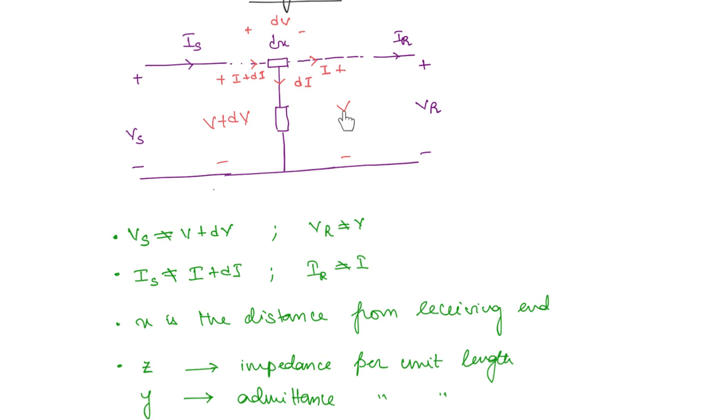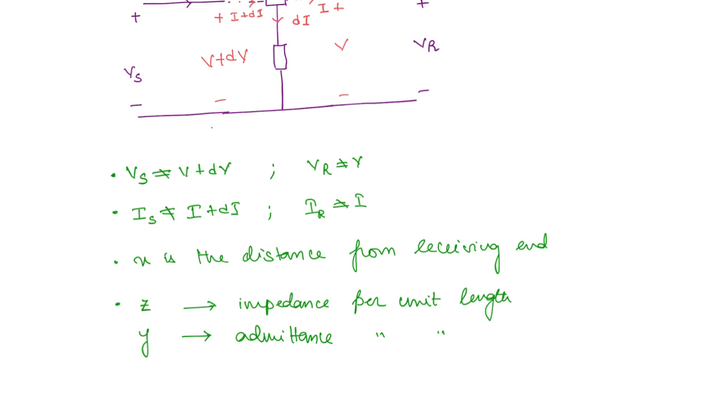So using these assumptions, what will you get? dI is equal to the voltage, which is V, into the admittance, which is y dx, okay. So from here you can write dI by dx is equal to V into y. So this is one equation.